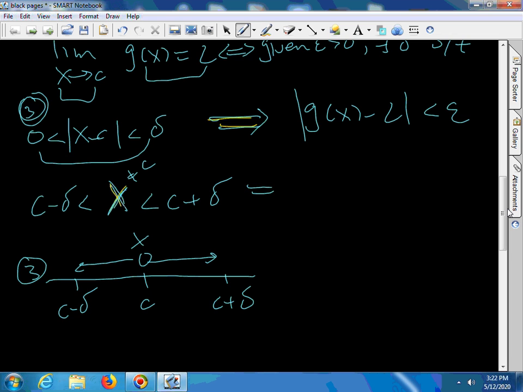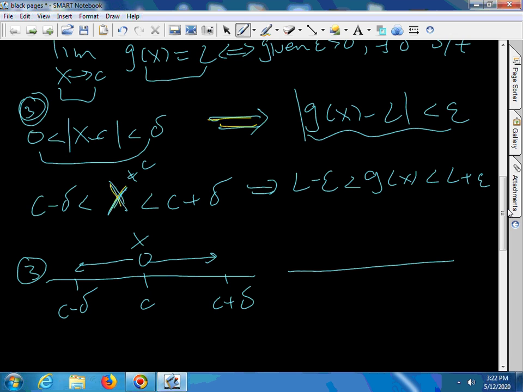This implies, well, what does that mean? That means that g of x is in between L minus epsilon and L plus epsilon. So here's L plus epsilon, L minus epsilon. g of x can live in here. And this is statement number 4.